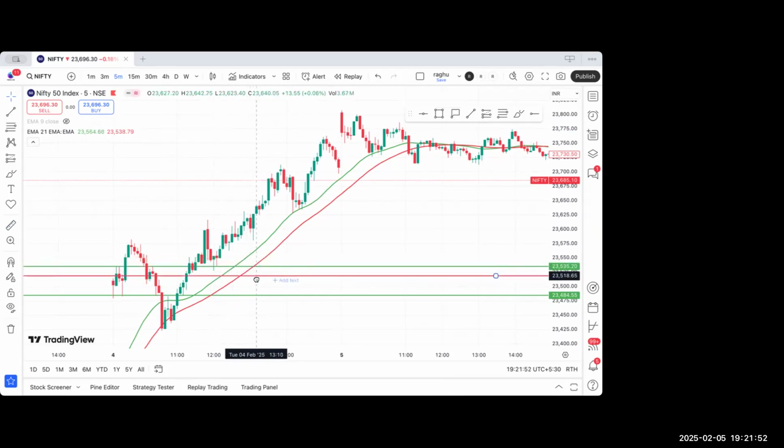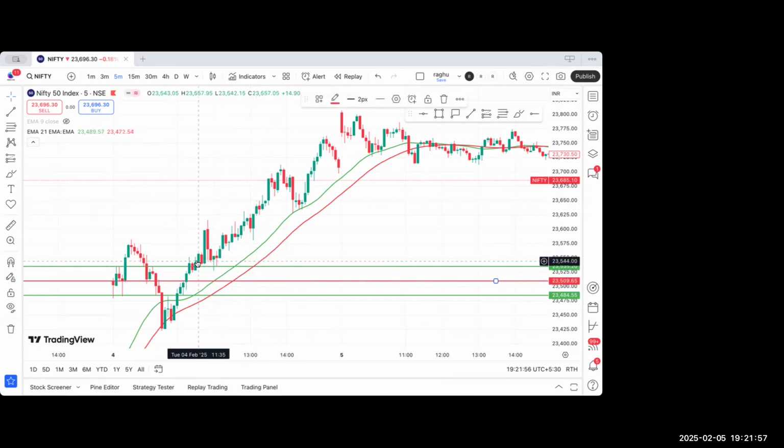So, SL was here. It gave a breakout here on ORB, consolidated. Still, SL was not triggered. It gave another closing, going up. When it is going here, this will become your SL, correct? That was what you learned. So your entry point will become your SL.